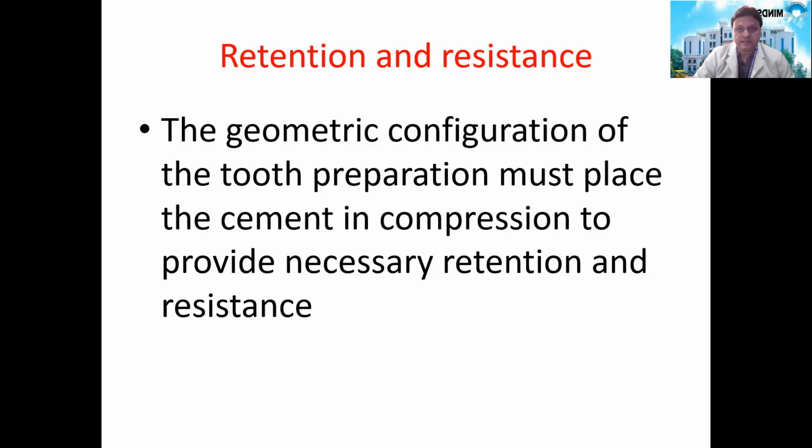Because of all that, if your preparation is not optimum, the restoration can fail and fall off. So there are certain geometric configurations and principles which we have to take care of when we are preparing the tooth structure. If the preparation is good, then you can expect good retention and resistance.